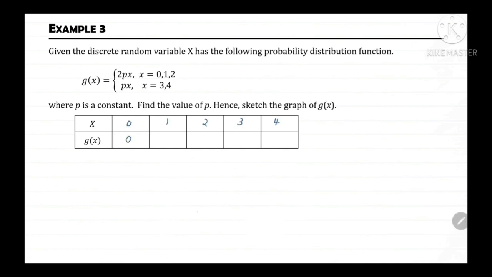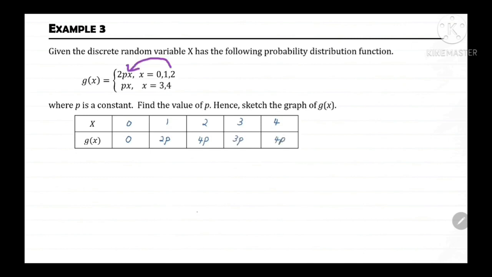When x equal to 1, g(x) equals 2p. When x equal to 2, g(x) equals 4p. When x equal to 3, this is 3p. And when x equal to 4, this is 4p.